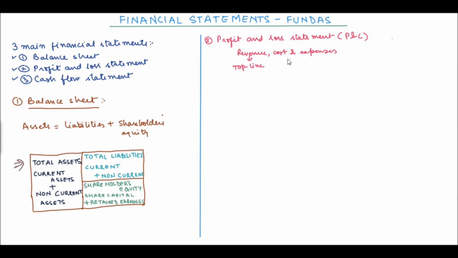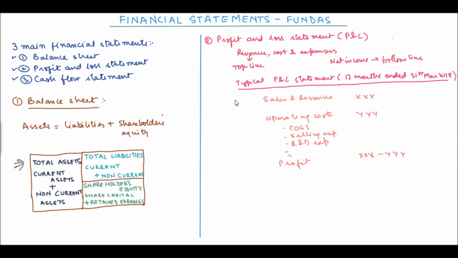And subtracts the cost, such as cost of materials, operating expenses, tax expenses, etc. Now, the difference between revenue and cost is known as net income, which is also known as the bottom line or profit or earnings. So net income is known as bottom line.